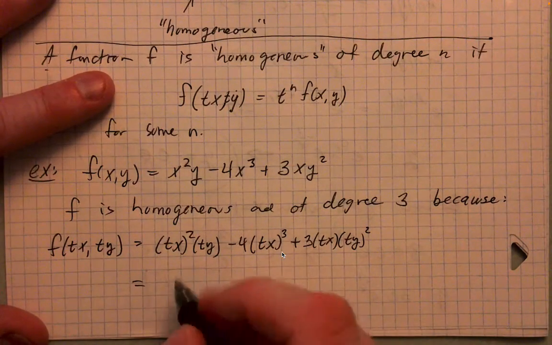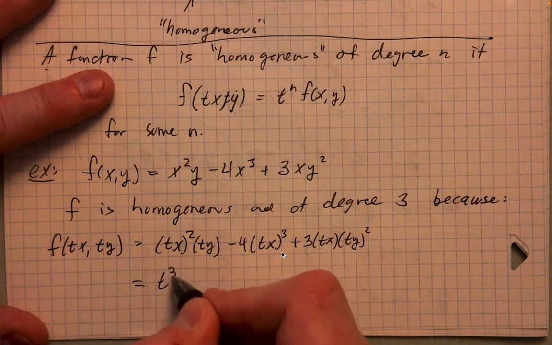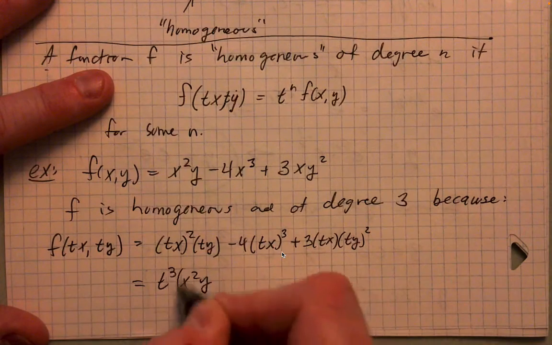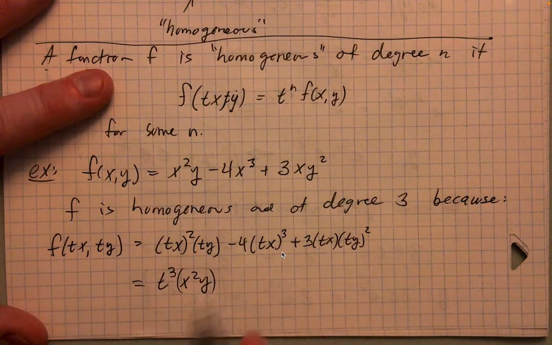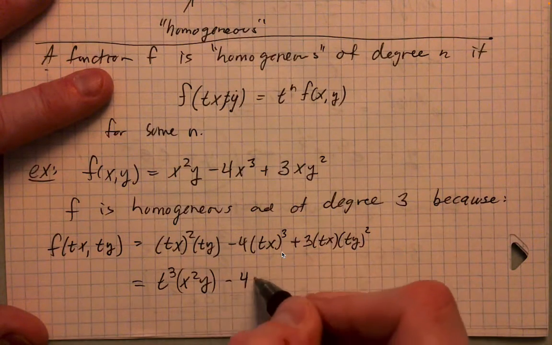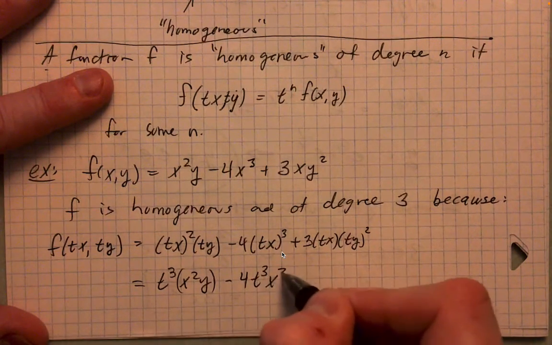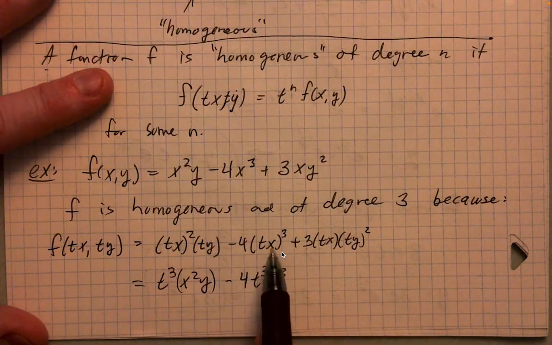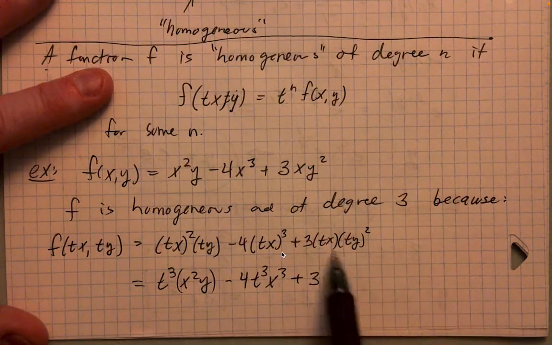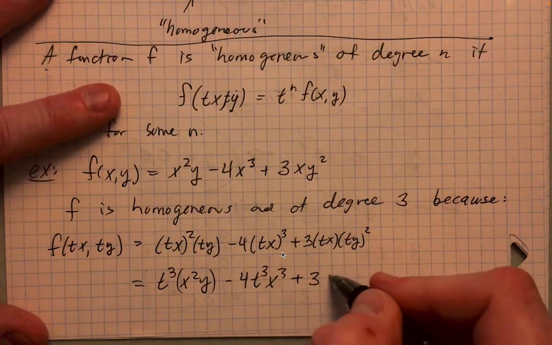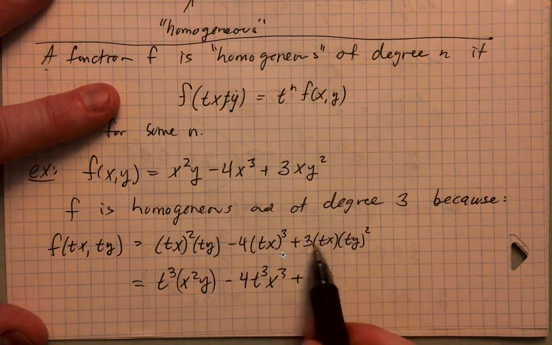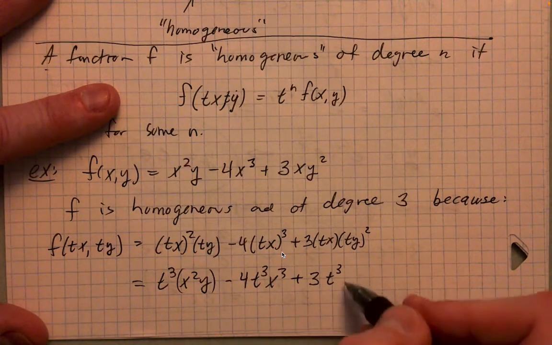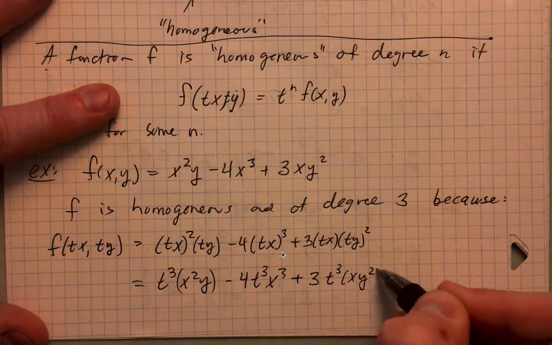And so that's equal to t cubed x squared y. Notice here you get a t squared, there you get another t, so you have t cubed here, minus 4 t cubed x cubed, plus 3, and here you get t cubed again, so you have 1 t, and there you have 2, so altogether t cubed times xy squared.